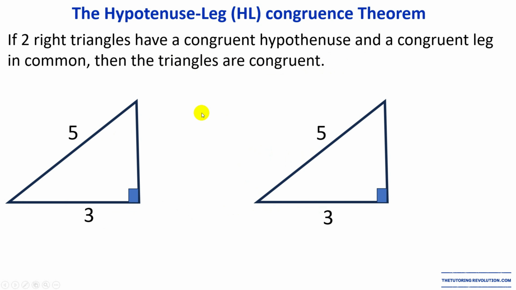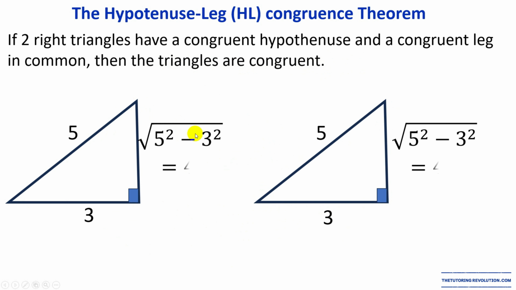So the reason why these two triangles would be congruent if they share a hypotenuse and a leg is because the other leg would be the same, because the other leg is calculated by the square root of hypotenuse squared minus leg squared, which in this case is 4. Okay?